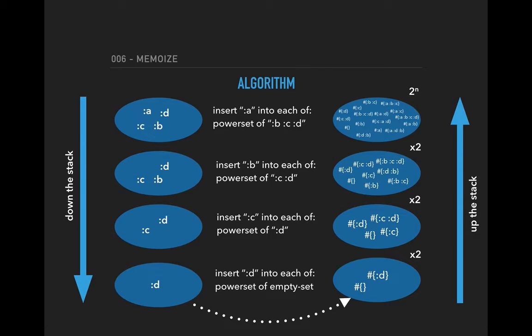You might not be able to see all the sets at the top right, but you can imagine that there are all the combinations of A, B, C, and D, all the subsets possible, and those are 2 to the power of n, and in this case 16.